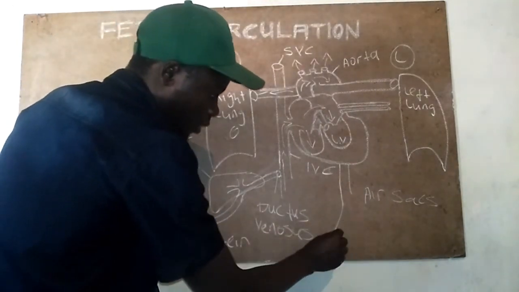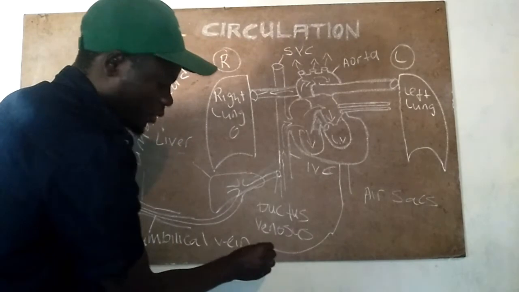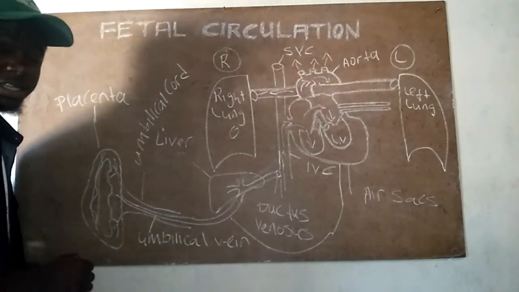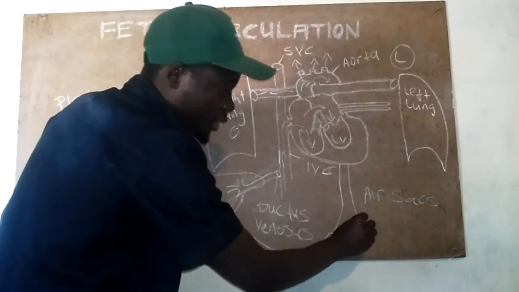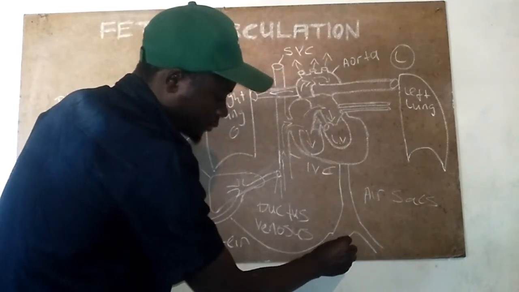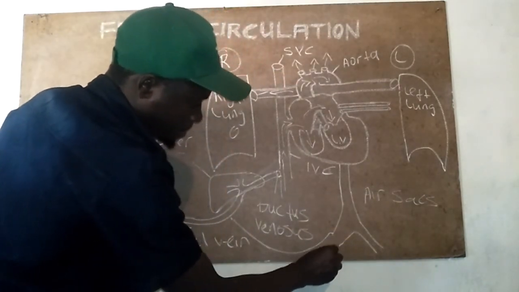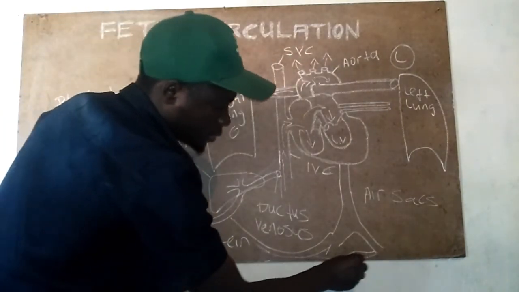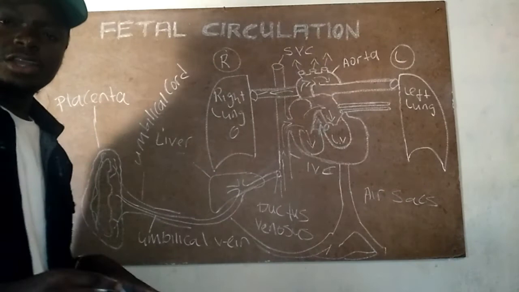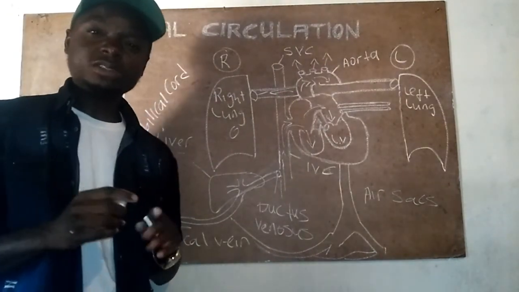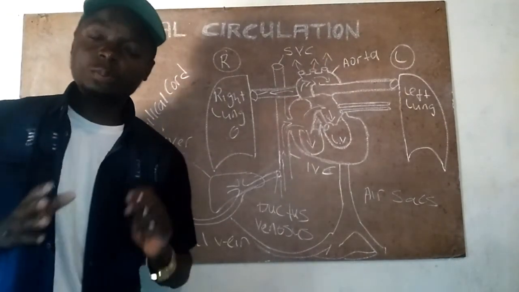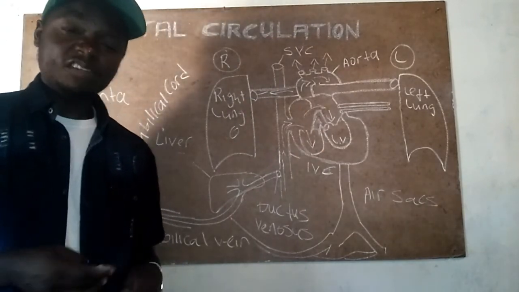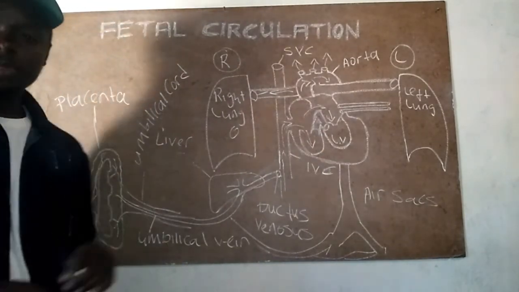So these are two umbilical arteries, and these are going to take blood, deoxygenated blood, to the placenta via the umbilical cord. So the two umbilical arteries are going to get deoxygenated blood to the placenta to be oxygenated again, and then come back at the same circulation.